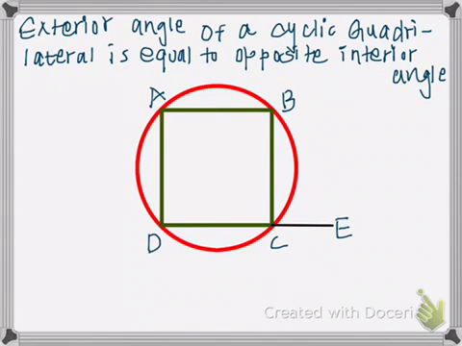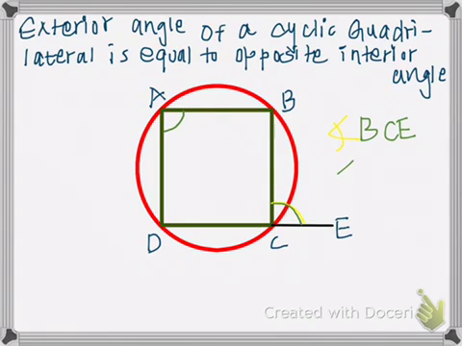Yet another property of cyclic quadrilateral is that here ABCD is our cyclic quadrilateral, and the exterior angle in this case is angle BCE, because that lies outside of our quadrilateral ABCD, and this exterior angle is equal to its opposite interior angle.